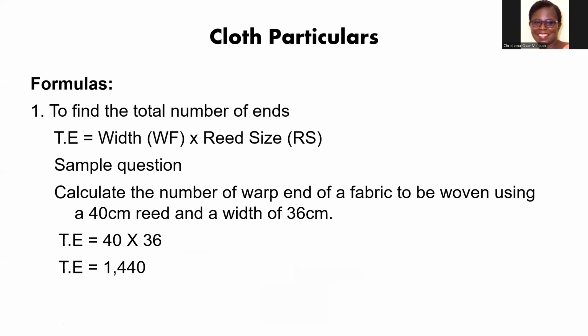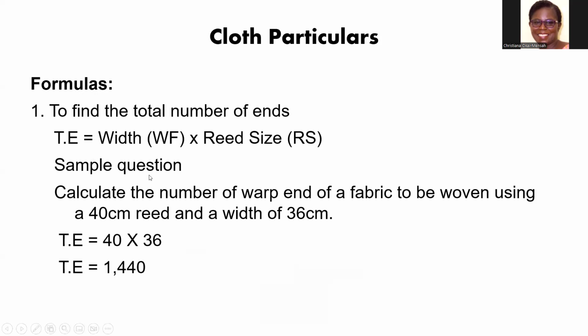So if you count the dents in that 1 inch that you have measured, and you get 24 dents, then that reed is called a 24-inch reed. If you count and you get 36, it's a 36-inch reed. So that is what we are talking about.